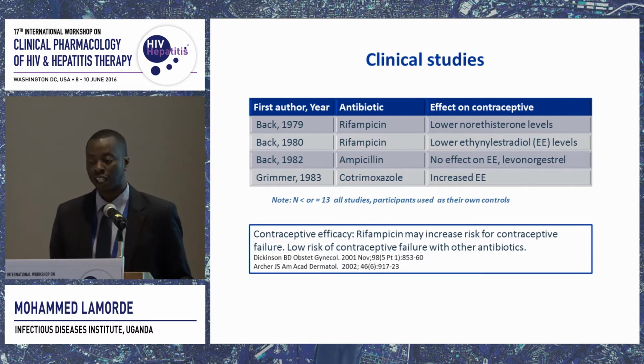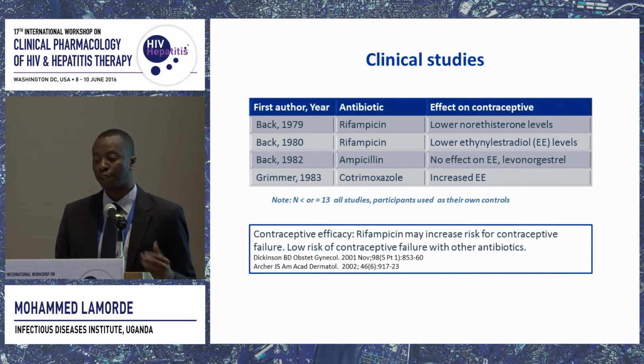So I've put below there two reviews that have been conducted after all this work has been done. Basically, talking about the debate as to what exactly is the interaction between antibiotics and oral contraceptives.